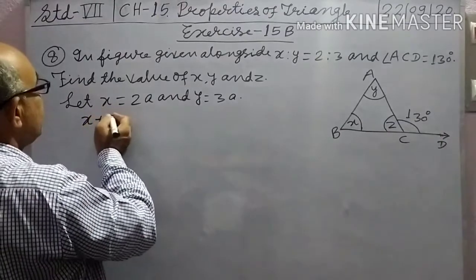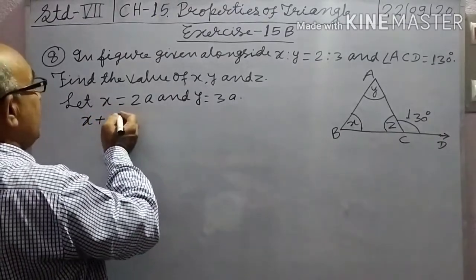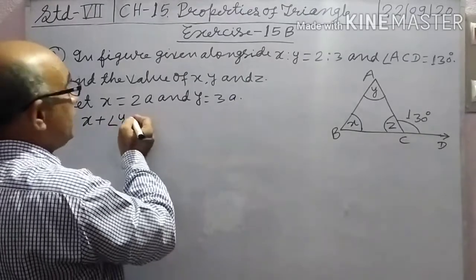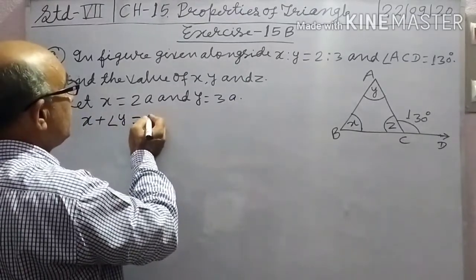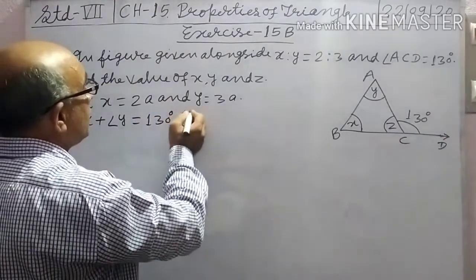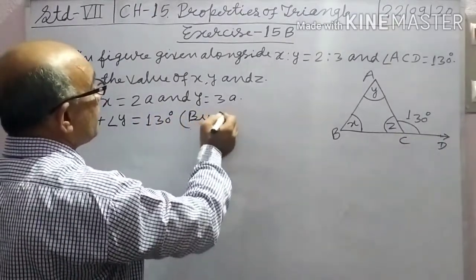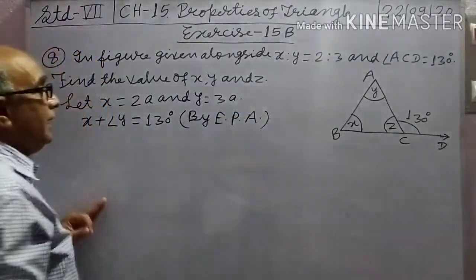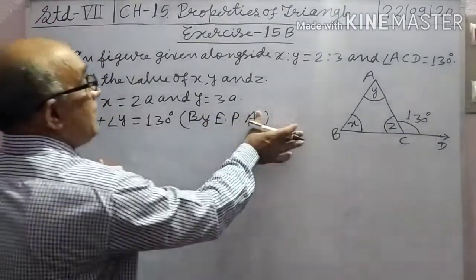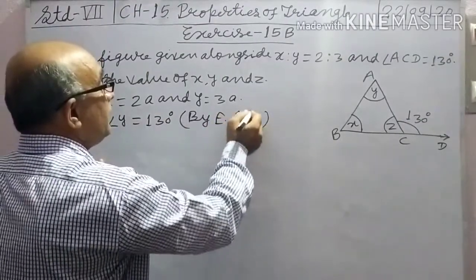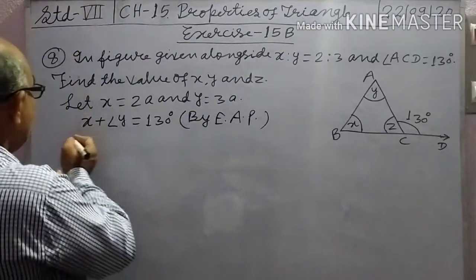Angle x plus angle y equal to 130 degree by exterior angle property.